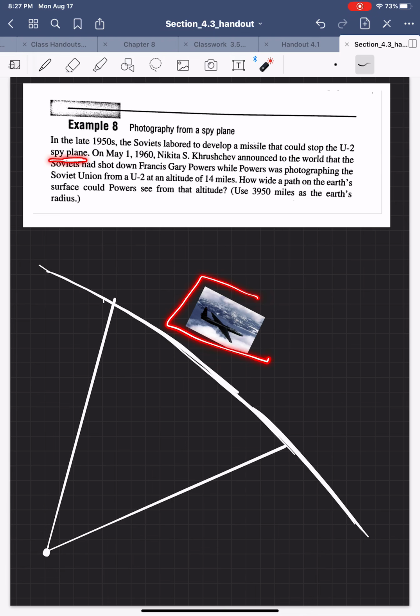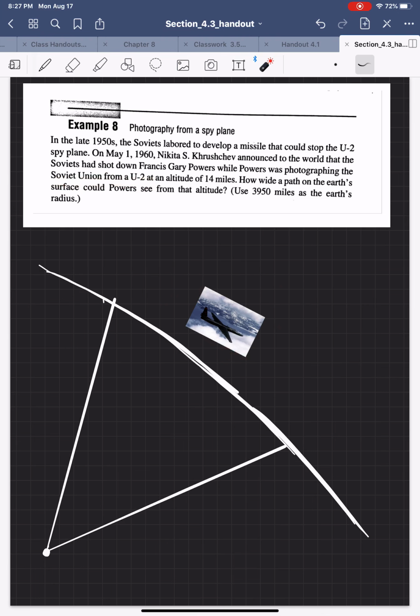So here's our U-2 spy plane. Now, on May 1st, 1960, Khrushchev announced to the world that the Soviets had shot down America's Gary Powers while Powers was photographing the Soviet Union from this U-2 spy plane.